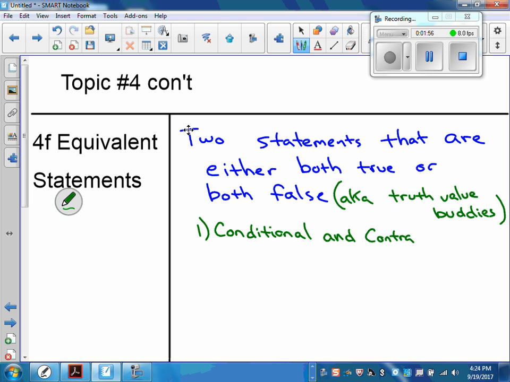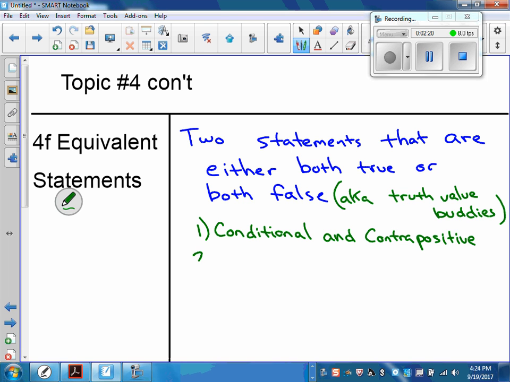And as I said before, if one's false, the other's false. So if the conditional statement is true, the contrapositive has to be true. And if the conditional statement is false, then the contrapositive has to be false. It goes the other way as well.